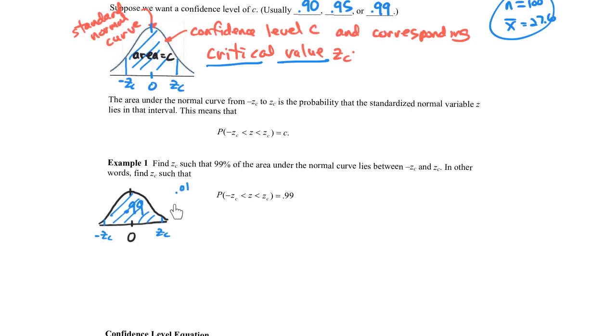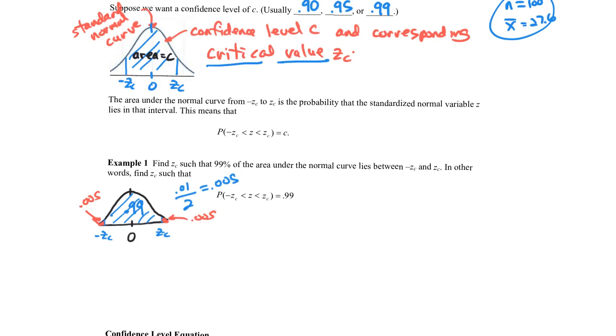There's only 1% left to go here and here, in these two little spots. So to see in each spot, we'd have to cut this in half, and we get 0.005, which means that there's this little part here, there's 0.005. And over on the other side, there's the other 0.005.